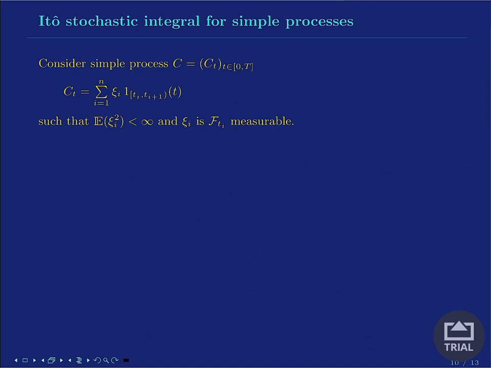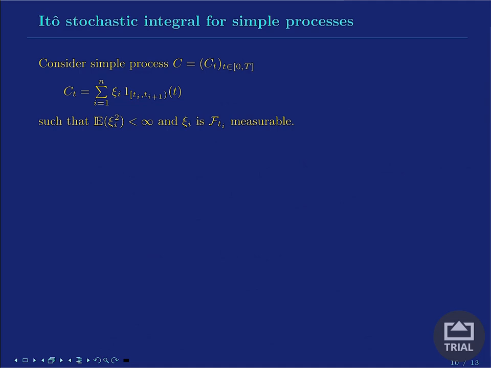So we do that, as often in integration theory, by approximating processes. Instead of considering first general functions, we first consider so-called simple processes C, which are piecewise constant processes. We have a process on the interval from 0 to T, which is the interval over which we want to define the Itô stochastic integral, and C_t is a process on that interval which is piecewise constant.